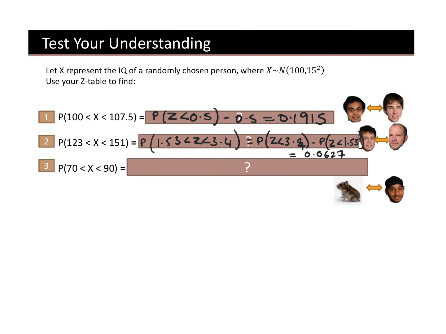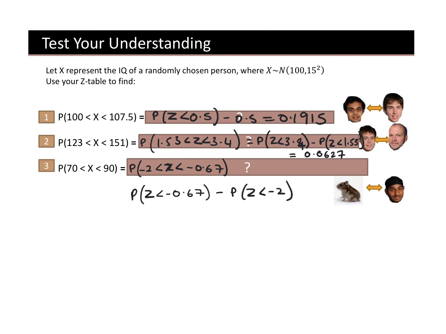For the third one, we should have got the probability of minus 2 being less than z being less than minus 0.67. So when you worked this out, we should have had the probability of z being less than minus 0.67 minus the probability of z being less than minus 2. Okay?